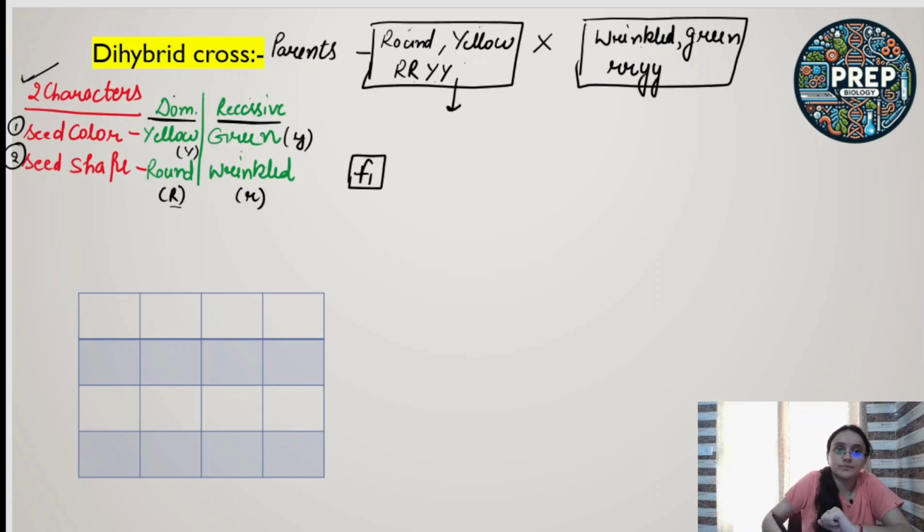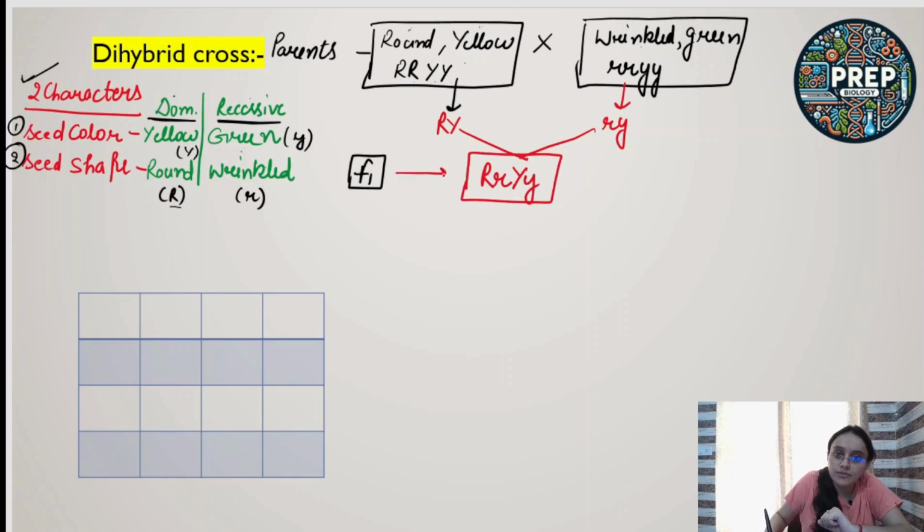When gametes are formed, they have capital R, capital Y, and small r, small y. Fusion takes place, they form capital R, small r, capital Y, small y. I hope this is clear to you all.